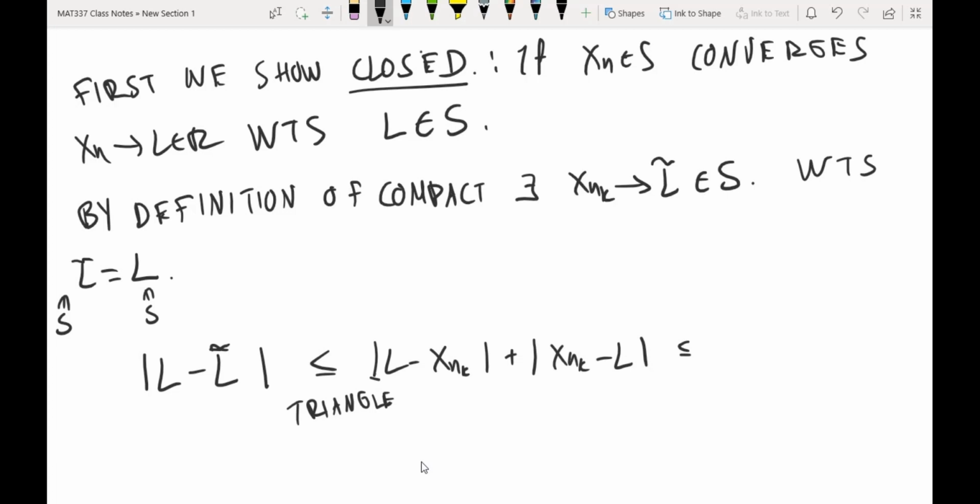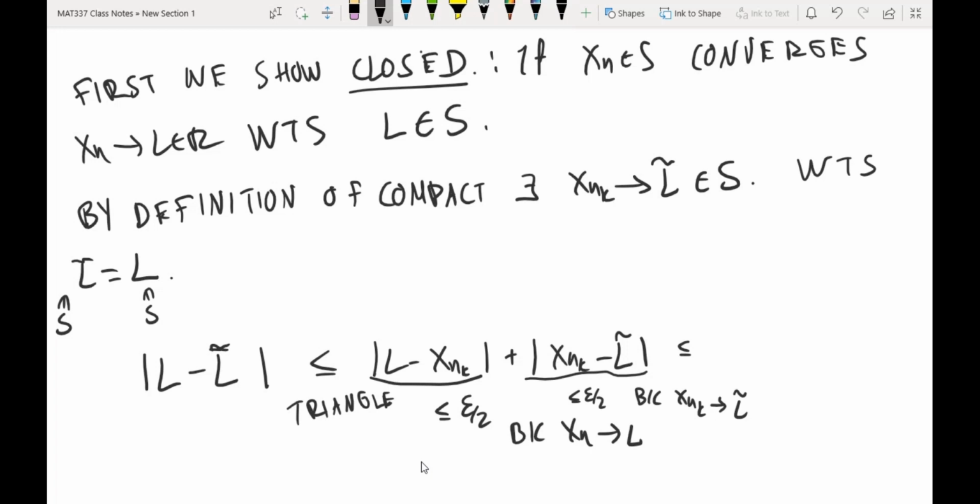I mean, the first one is less than epsilon over 2 because x_n goes to L. And this one is less than epsilon over 2 because x_{n_k} goes to L tilde. And this is true for all epsilon. So you get L equal to L tilde.